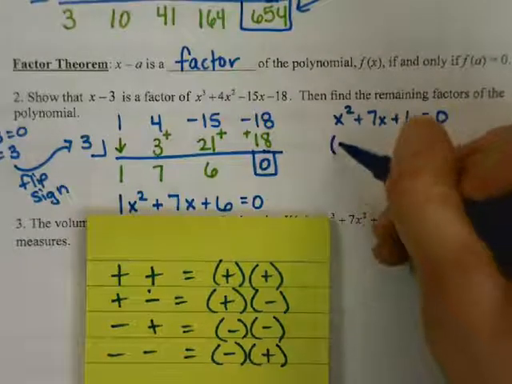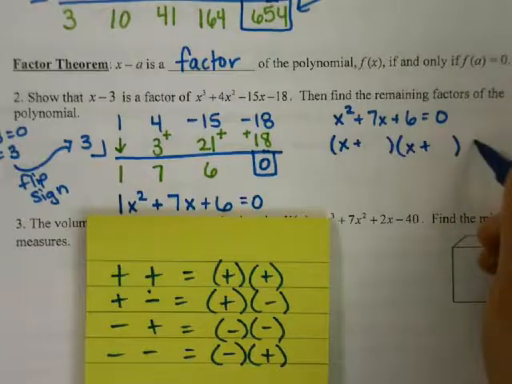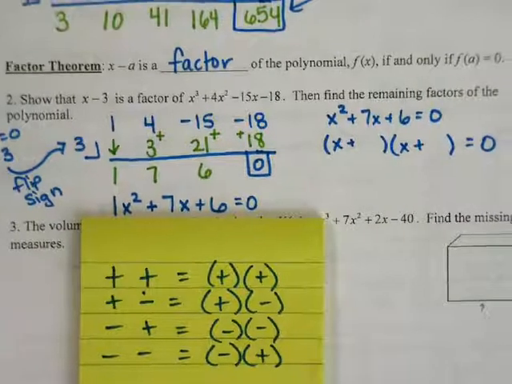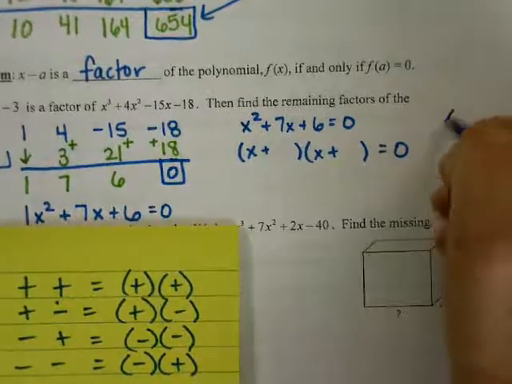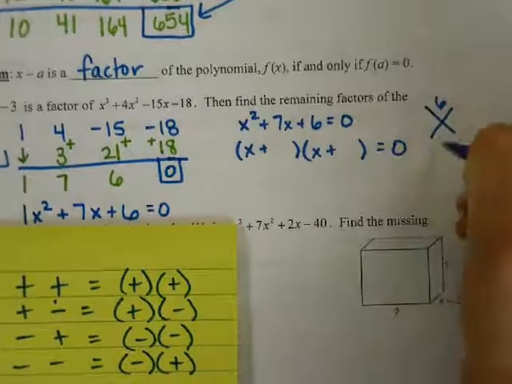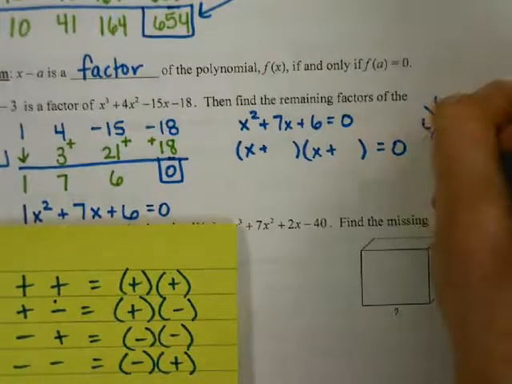So I got a plus and a plus. So when I factor it, it'll be a plus and a plus. You need 2 numbers that multiply to 6. Signs are the same, so they add to 7. 6 and 1.